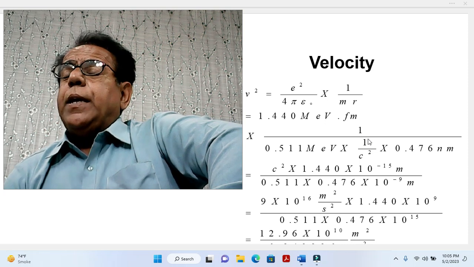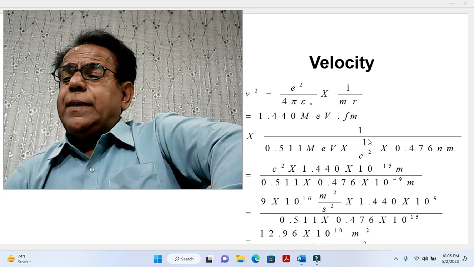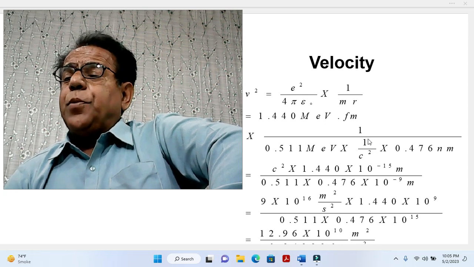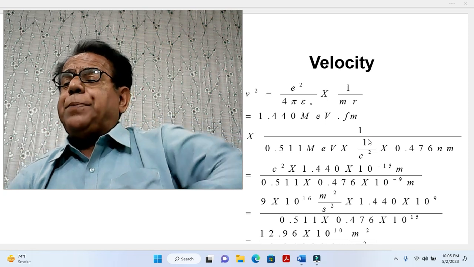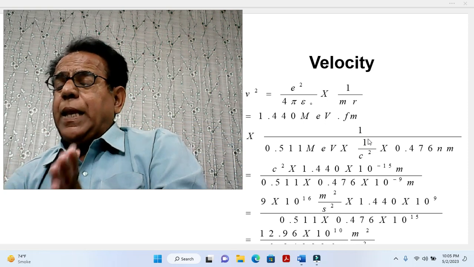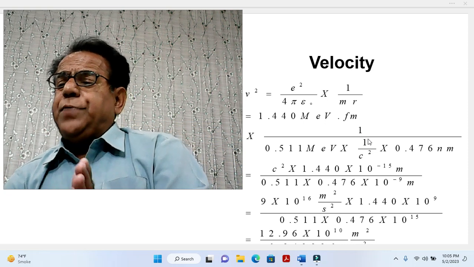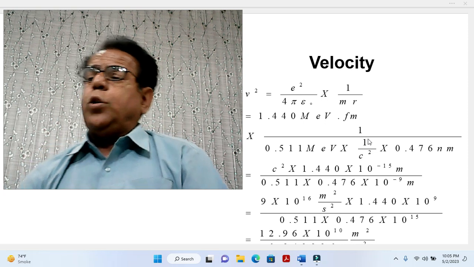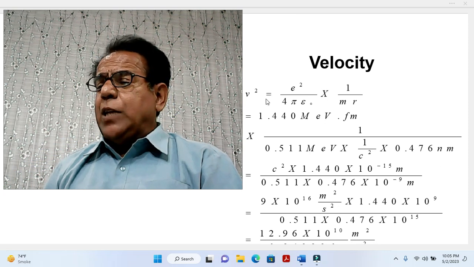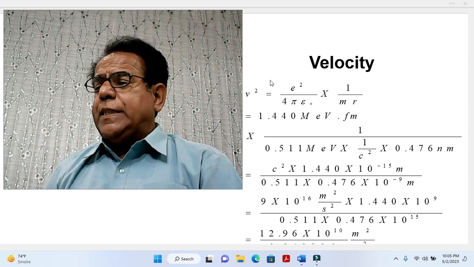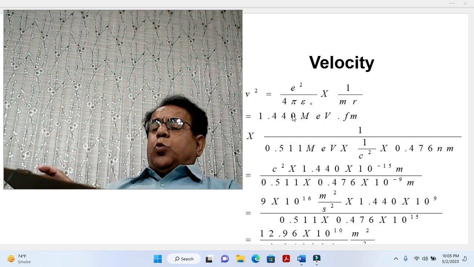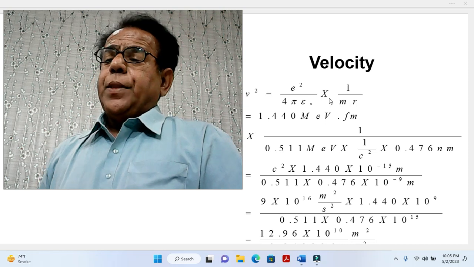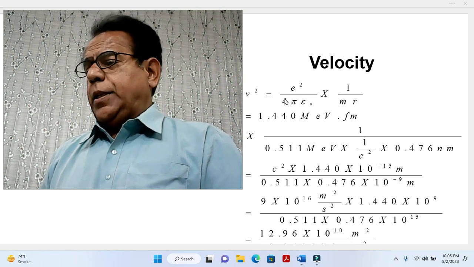By taking the square on both sides, e square over 4 pi epsilon naught has been separated, and the remaining portion of v square has been multiplied as a separate factor, because we know the value of this combined constant e square over 4 pi epsilon naught. So this is a matter of convenience if we make this arrangement.